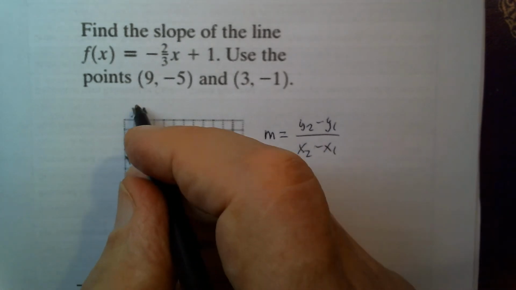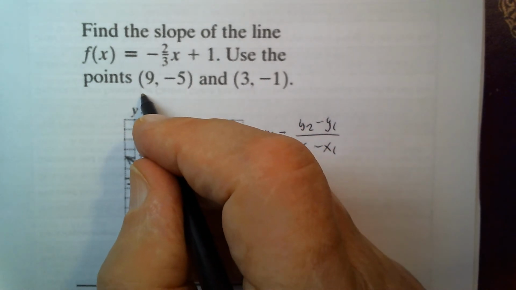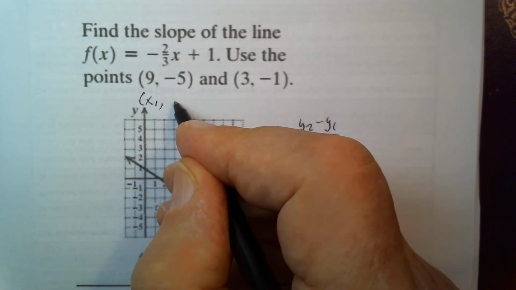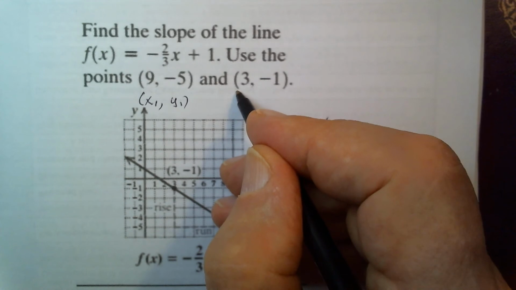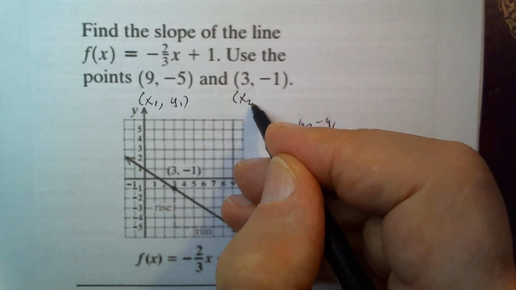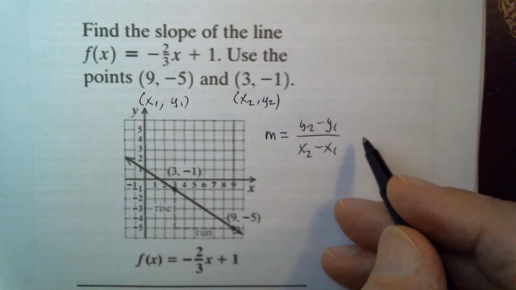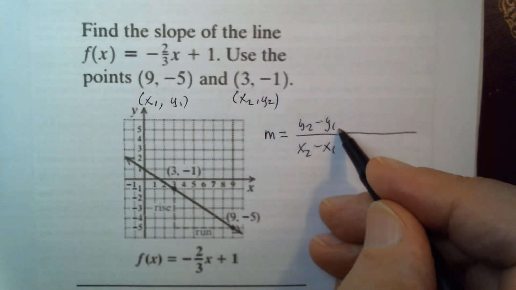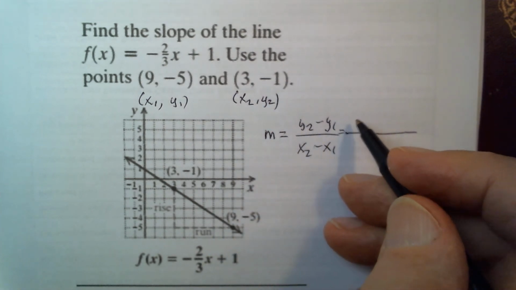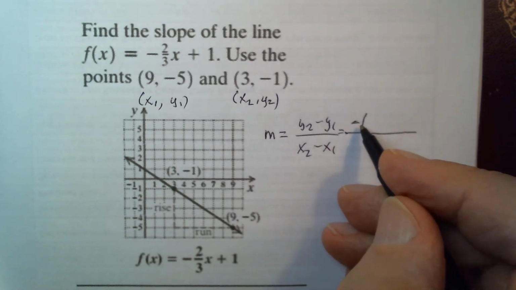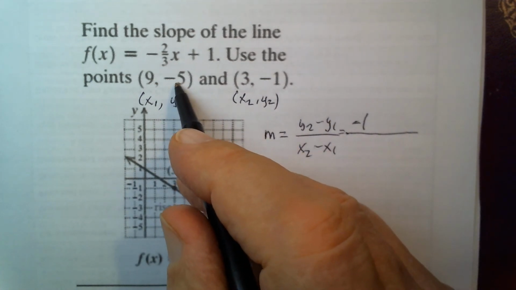So let's say that this is our point x sub 1, y sub 1, and this is the point with coordinates x sub 2, y sub 2. So y sub 2, in this case, is equal to minus 1. And y sub 1 is negative 5.